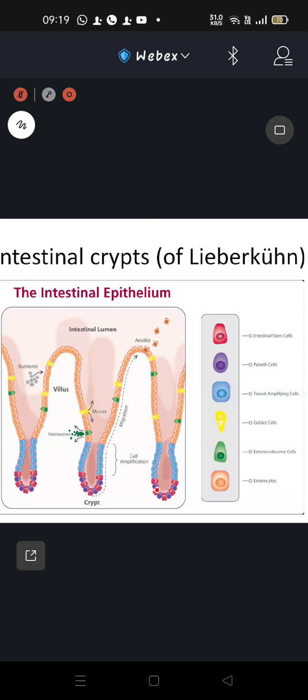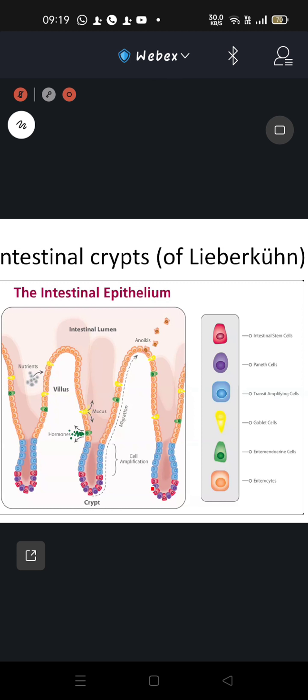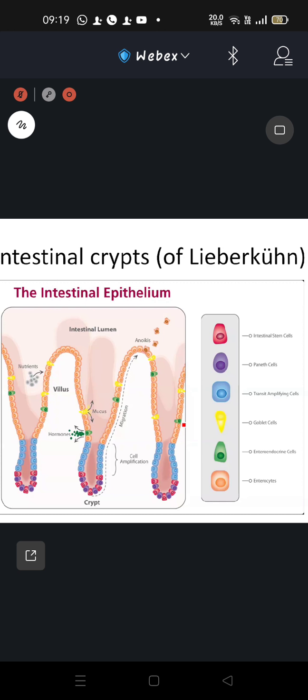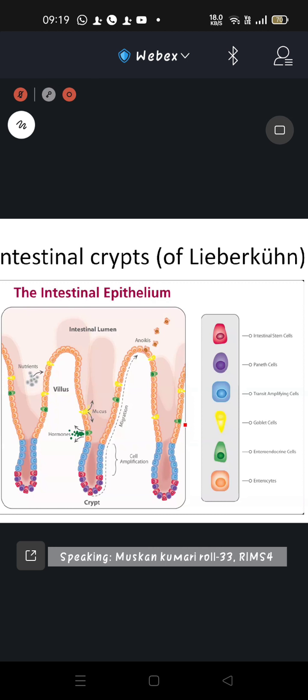Also situated between these stem cells are the Paneth cells. Paneth cells provide innate immunity to this intestinal mucosa. Also there are some enteroendocrine cells, which are a part of the APUD system. We will discuss that one by one.